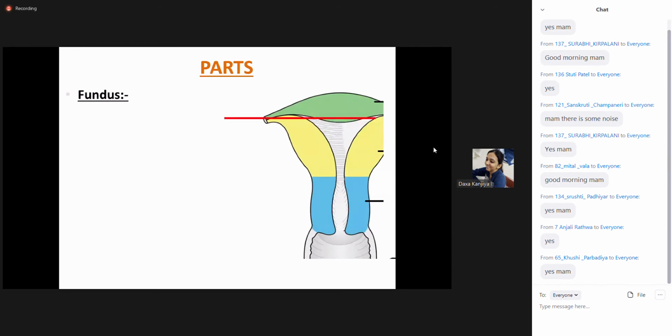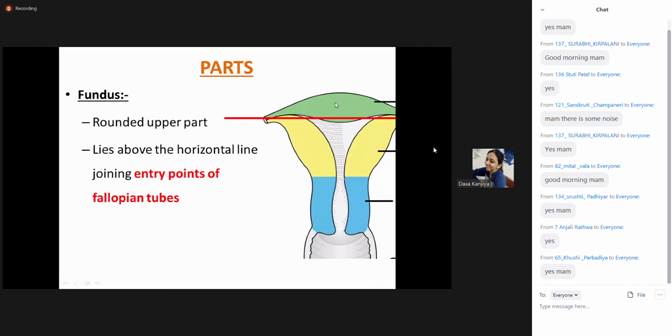Now the fundus. When you draw an imaginary line extending from one uterine tube to the other, the portion which lies above this imaginary line is the fundus of the uterus. So it is the rounded upper part that lies above the horizontal line joining the entry points of the fallopian tubes.